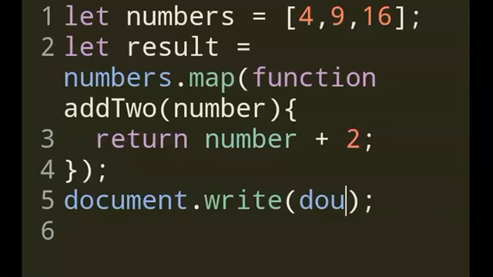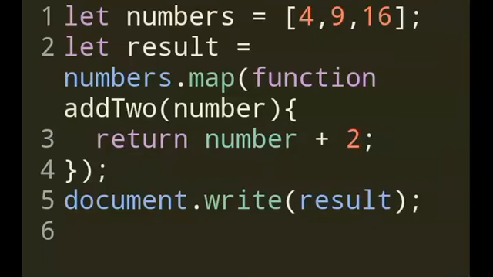I call it result. Let's check it out. There you go, 6, 11, 18, because the old array has 4, 9, 16. So if you add 2, it becomes 6, 11, 18. So this is using the named function. I hope that's quite clear.